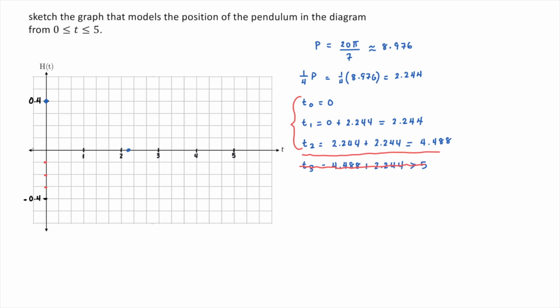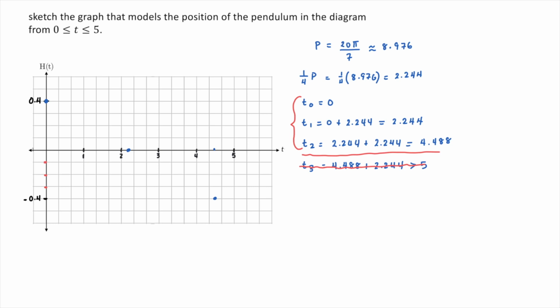The next one will be at the lowest point of the sinusoid. That's going to be t sub 2, which is approximately 4.488. So very close to 4.5, but not exactly, just a little bit towards there, towards here. So that is going to take me to the lowest point right there.